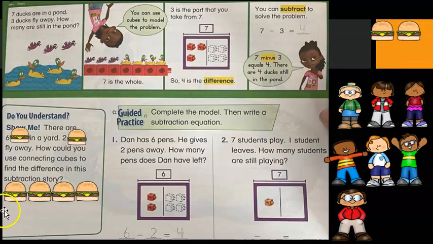Now, first graders, how many hamburgers are still in the yard? 4, okay? 1, 2, 3, 4. So first graders, here's our answer right here. This is going to be the same thing that represents this up here, okay? 6 minus 2 equals 4. Because look, we have 4 hamburgers left over. 2 of them flew away, okay?